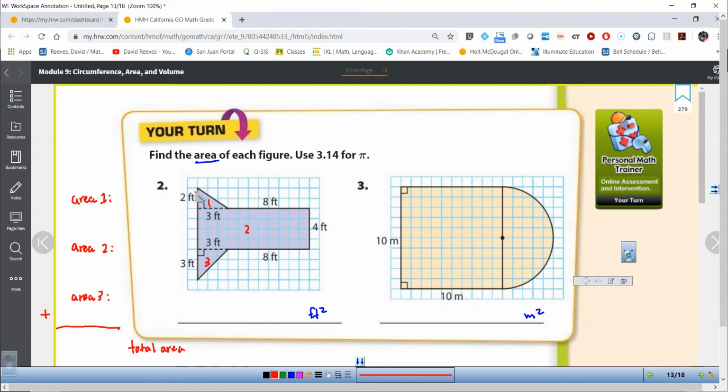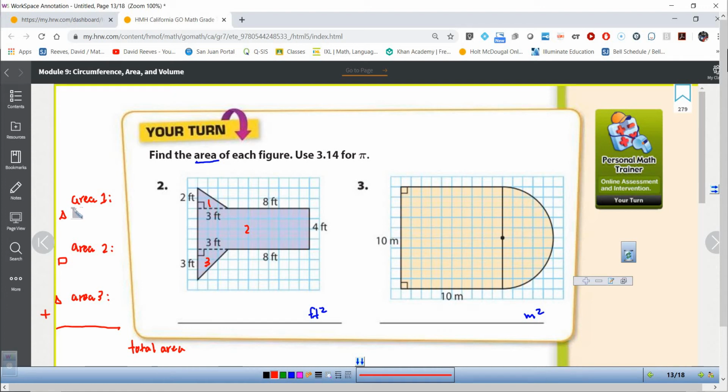All right, well, what shape, what polygon is area 1? Well, that's a triangle, right? Area 2 is a rectangle, and area 3 is a triangle. So that's why I was saying you need to know how to find the area. You need to know those formulas.